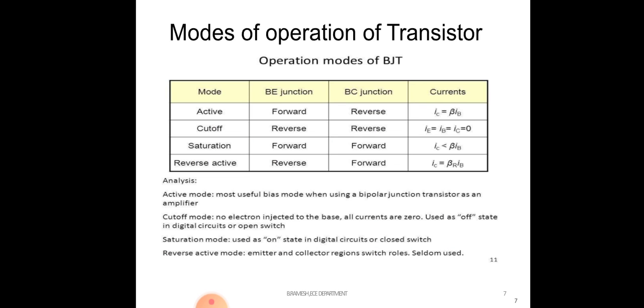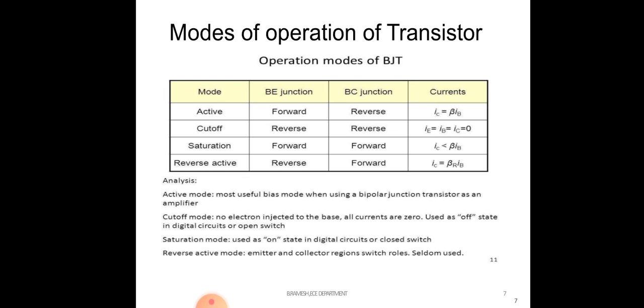Modes of operation of a transistor. Generally the transistor operates in three regions: the active region, cutoff region and saturation region, and also reverse active.